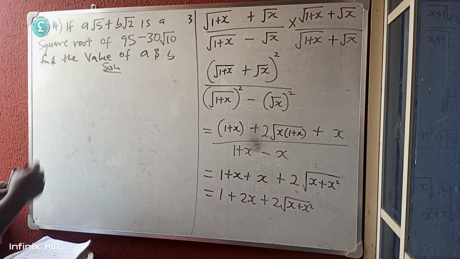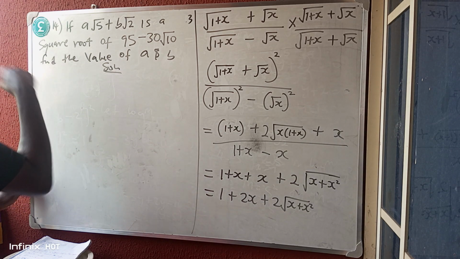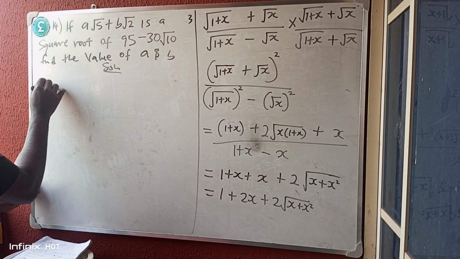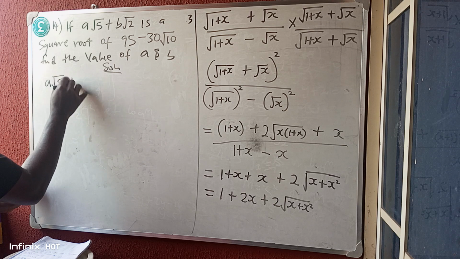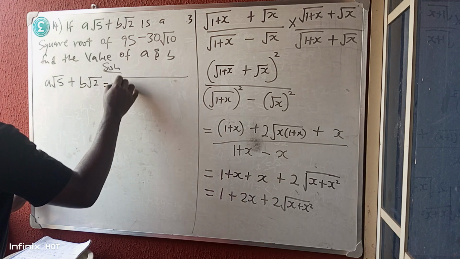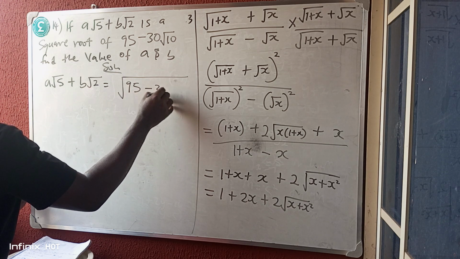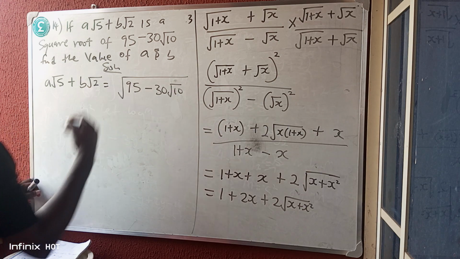So they are telling us that a root 5 plus b root 2 is equal to the square root of 95 minus 30 root 10.